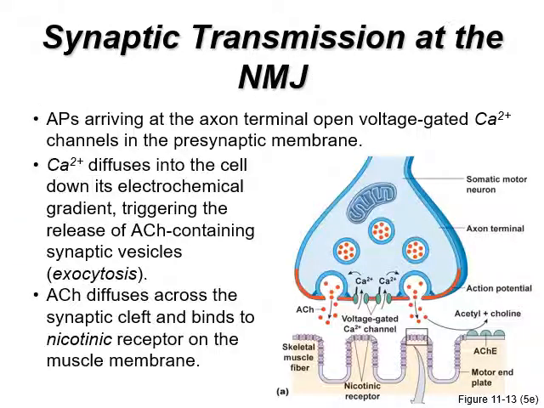So hopefully this looks familiar from our neuro days, but if you remember, we got our action potential coming down to the terminal, and that action potential causes those voltage-gated calcium channels to open, causing influx of calcium. And then the influx of calcium causes the release of neurotransmitter.